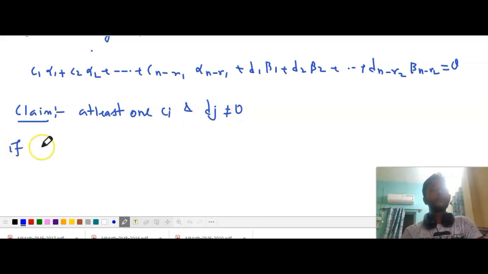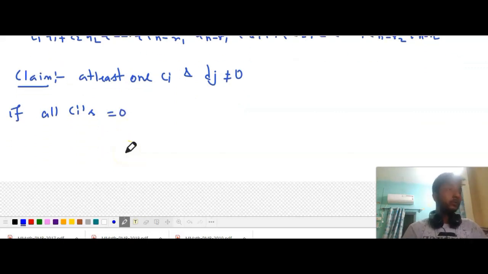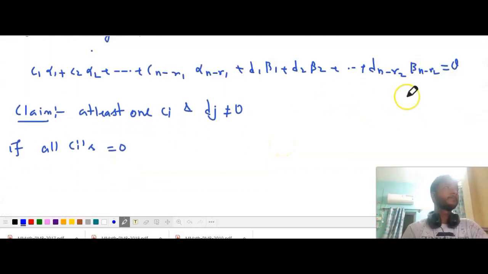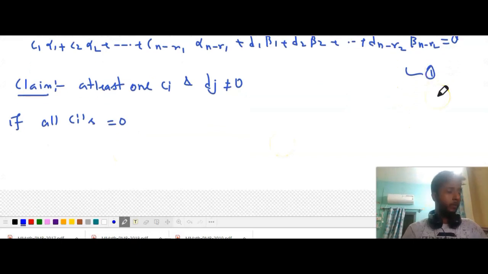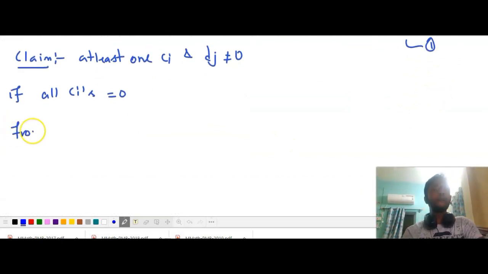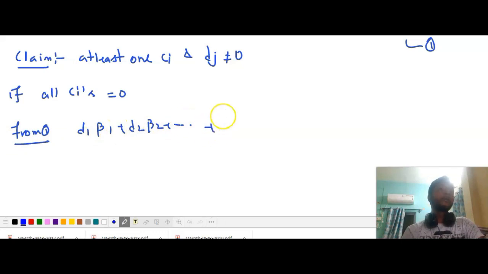If all Ci's are equal to 0, then from 1 I can say that D1 beta 1 plus D2 beta 2 plus dot dot D n minus R2 beta n minus R2 is equal to theta.